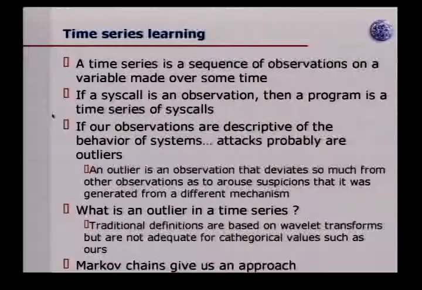It is a good description. Attacks should probably turn out to be outliers. What's an outlier? An outlier is an observation in a time series which is so different from the others that you begin to wonder that maybe you were drunk when you did the measurement, or something else funny happened. An outlier is something that is totally wrong in the context.